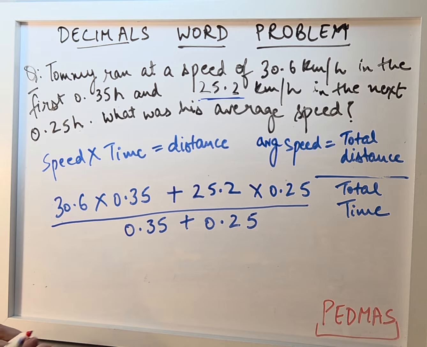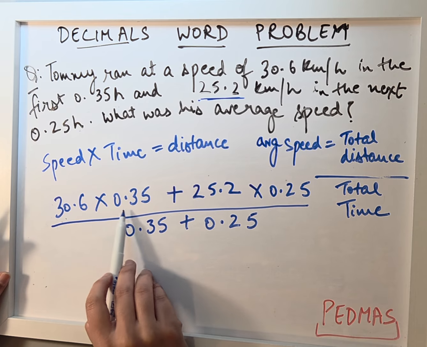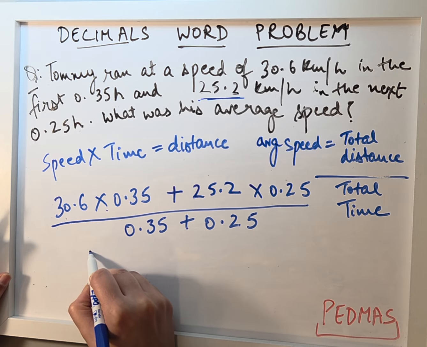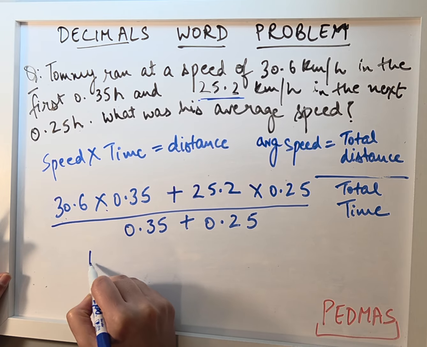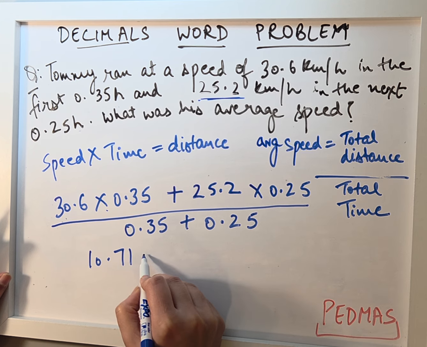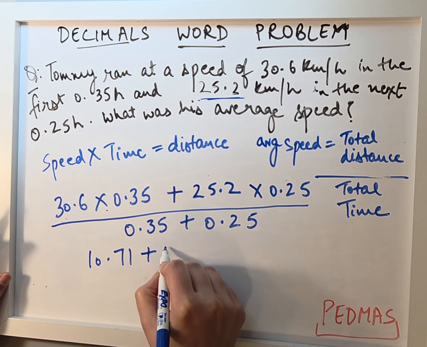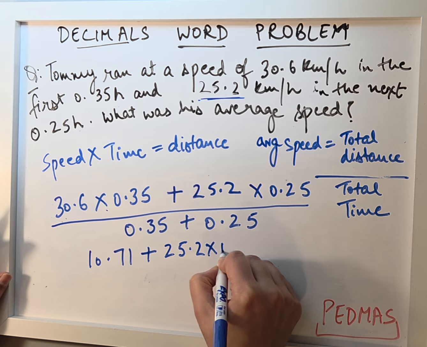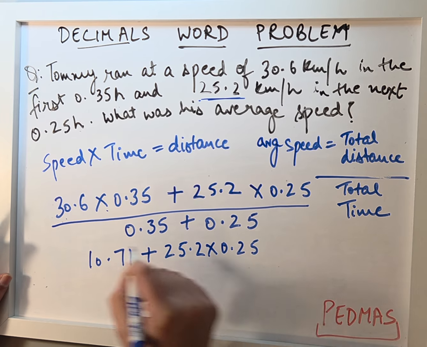When we multiply 30.6 into 0.35, what do we get? 10.71, plus we can write this as is, 25.2 into 0.25.